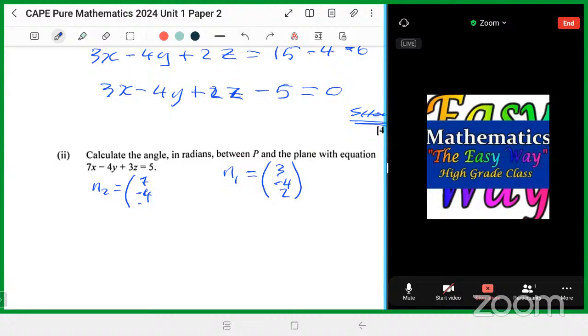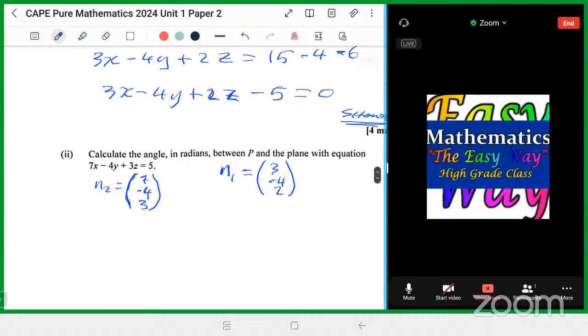I'm going to explain why now. It should be known. All right. And the angle between the two planes is going to be the angle between those two normals. So the angle that we want, theta, is cos to the minus 1 of the scalar product, which is n1 dot n2, over the modulus product, the modulus of n1 times the modulus of n2, the two normals.